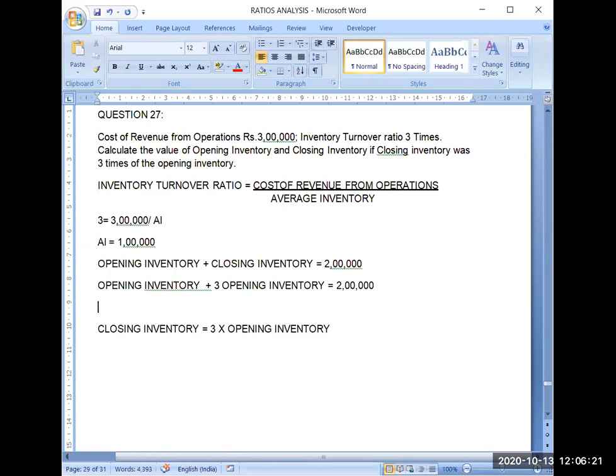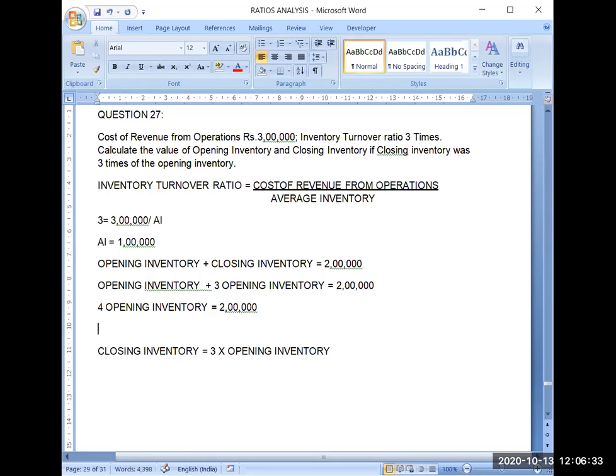So it will now become 4 opening inventory is equal to 2 lakh, and that's why the value of opening inventory will be 2 lakh divided by 4. It will become 50,000.